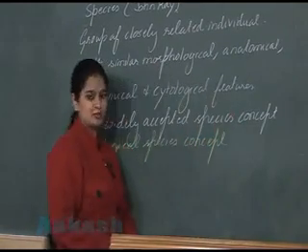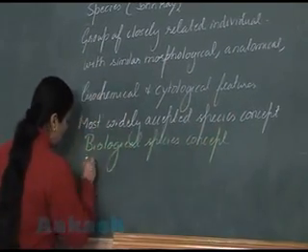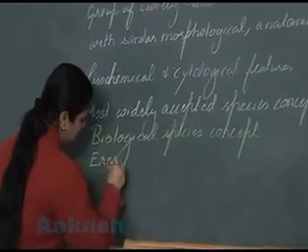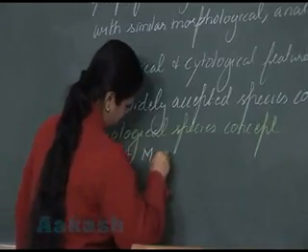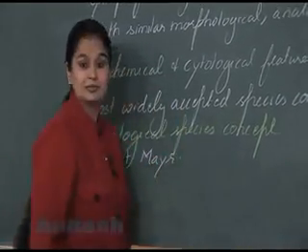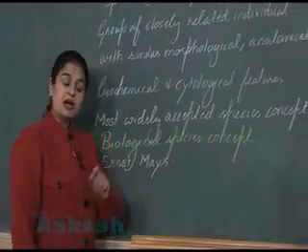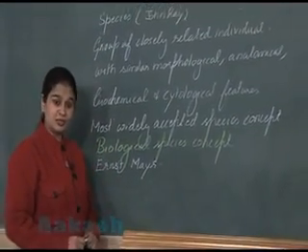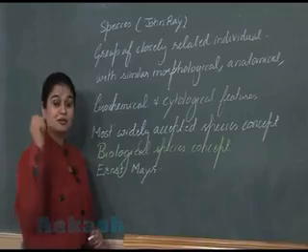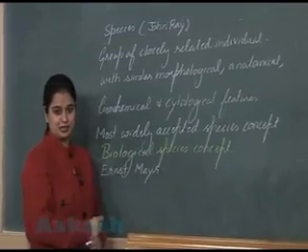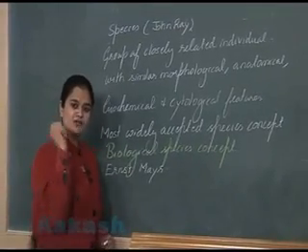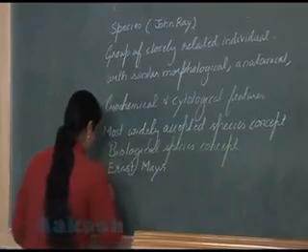This biological species concept was given by the scientist Ernest Mayr. Now, Ernest Mayr defined species on the basis of reproductive compatibility, on the basis of interbreeding.